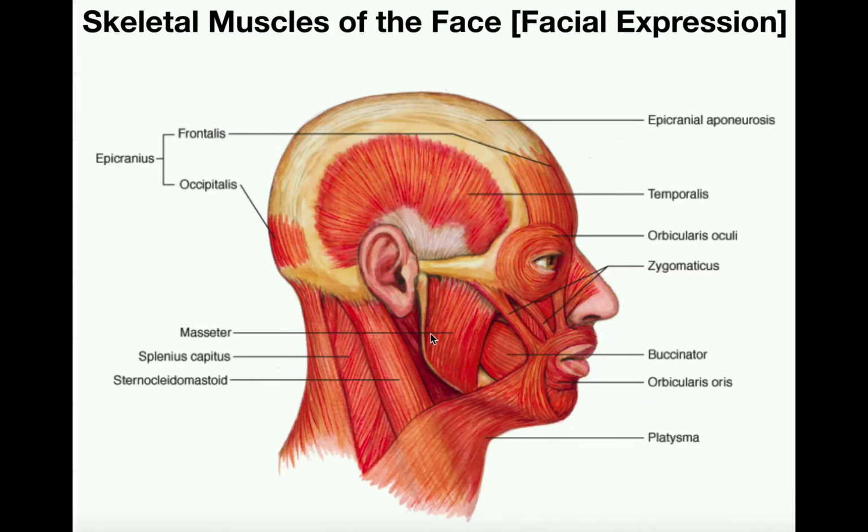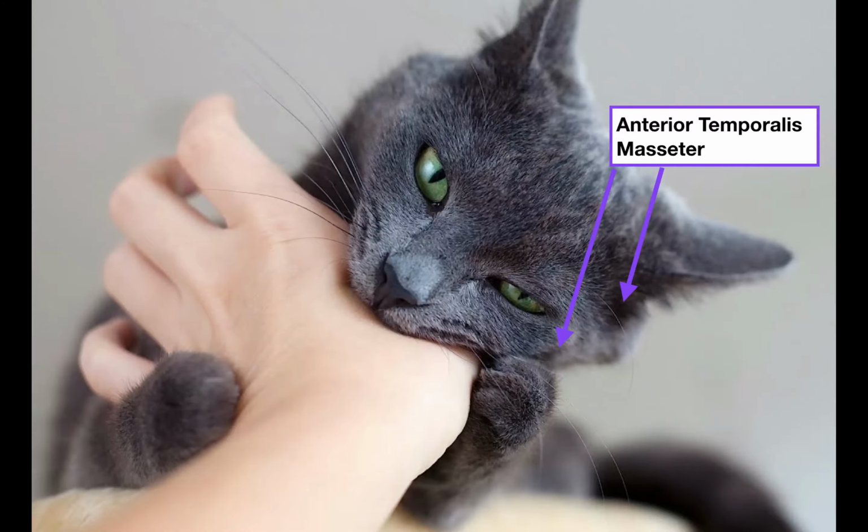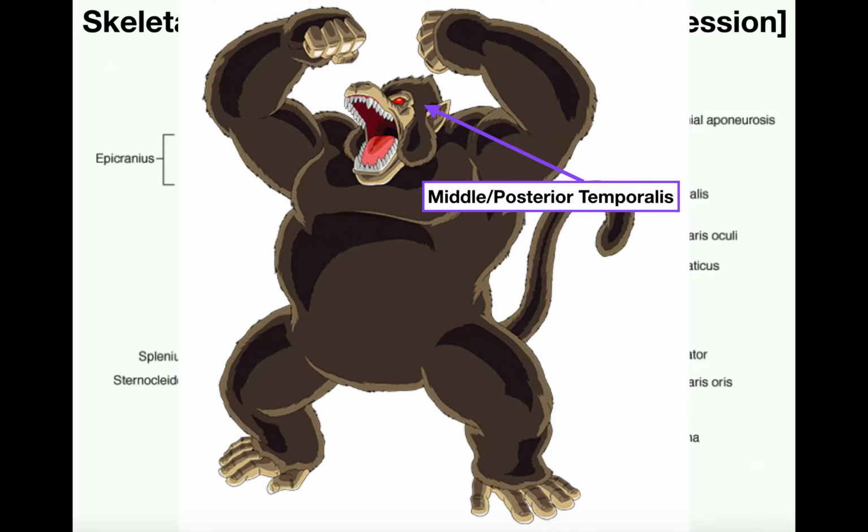It's going to pull this up to the origin, and so you can imagine that we're going to be going in the upwards direction, and that's why the masseter closes the jaw, or we could say elevate the mandible. So to sum up these mastication muscles, the anterior fibers of the temporalis and the masseter elevate the mandible, they close the jaw, whereas the middle fibers and posterior fibers of the temporalis are going to open the jaw, meaning depress the mandible, bring the mandible down.